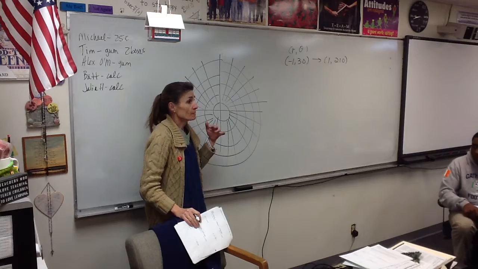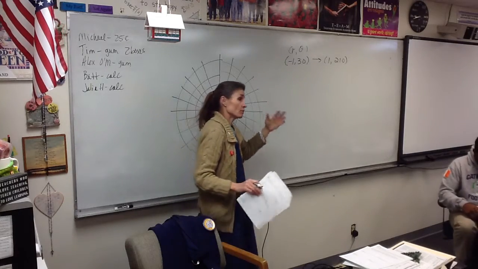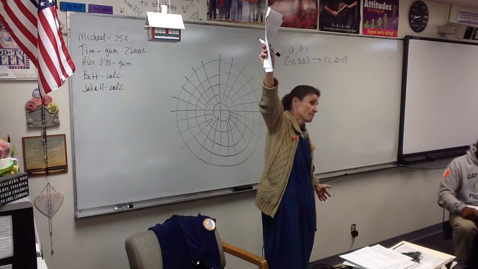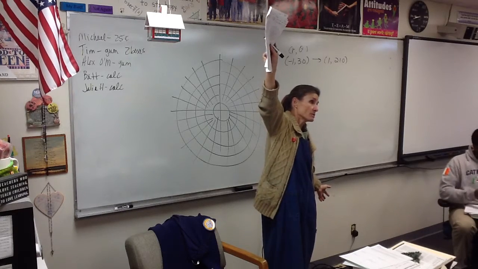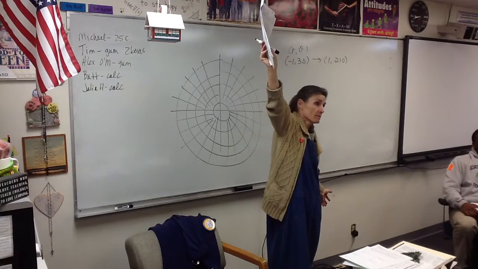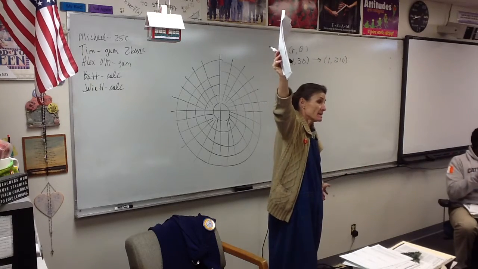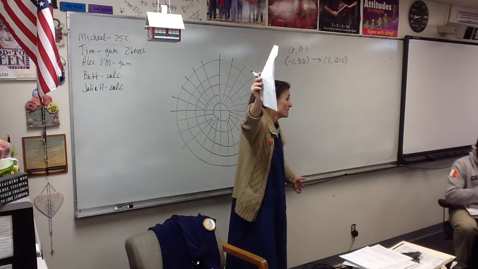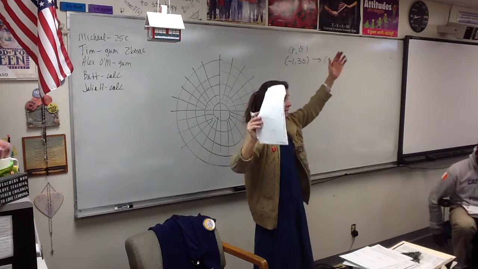Now, how did I get the 210? It's the opposite of 30. If you think of opposite angles, how far apart are opposite angles? 180 degrees. Aren't they halfway around the circle? Now, somebody said 90.